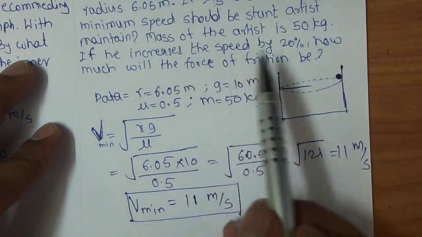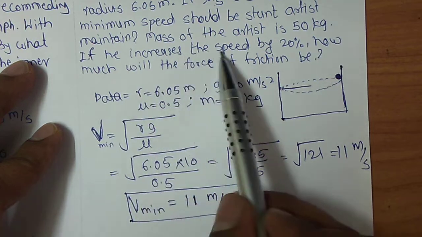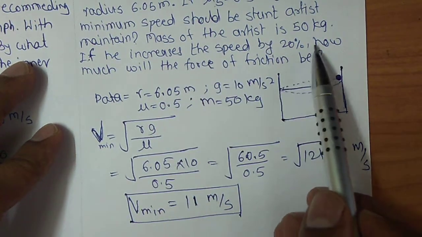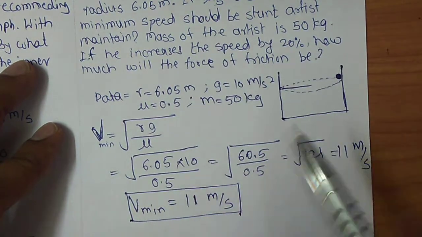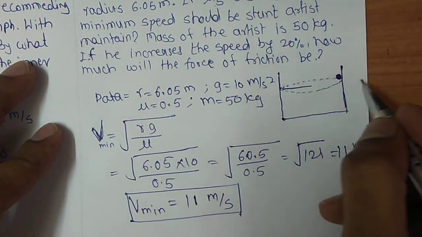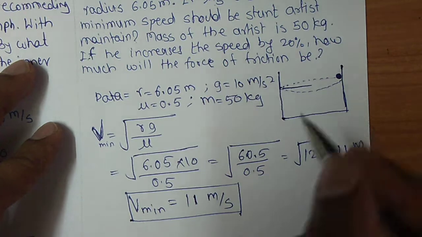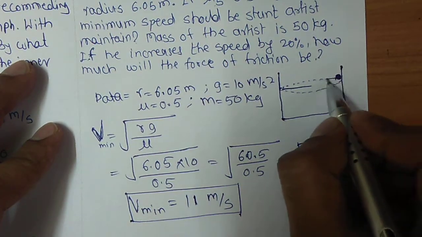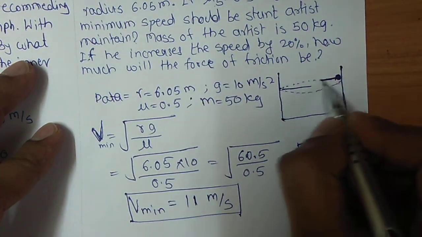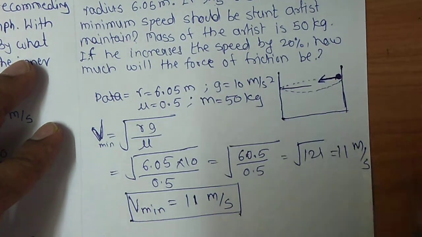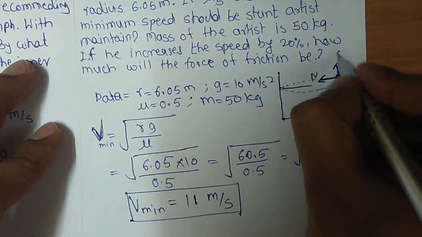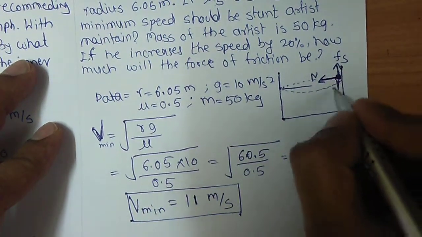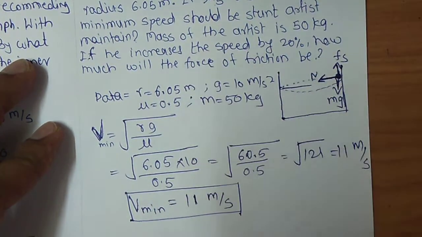So if he increases the speed by 20%, how much will be the force of friction? So for the force of friction, first we have to draw components, where we have to understand that centripetal force is given by the normal reaction, whereas frictional force is balanced by the weight of that person.